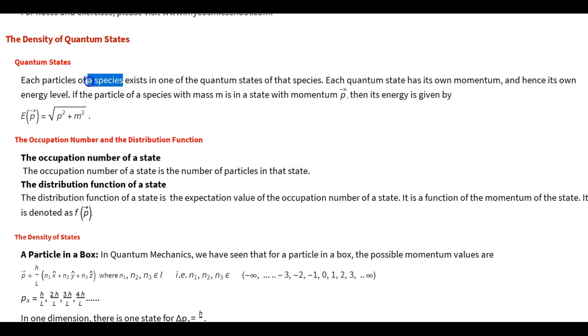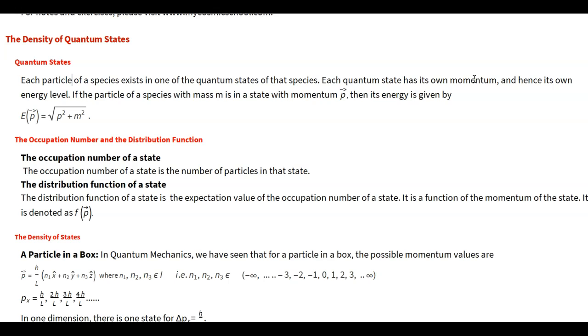For a given species, each particle exists in one of the quantum states of that species. So for a given species, there are quantum states, and every particle of that species must exist in one of the quantum states. Each quantum state has its own momentum. So if there are n quantum states, there are n momentums.